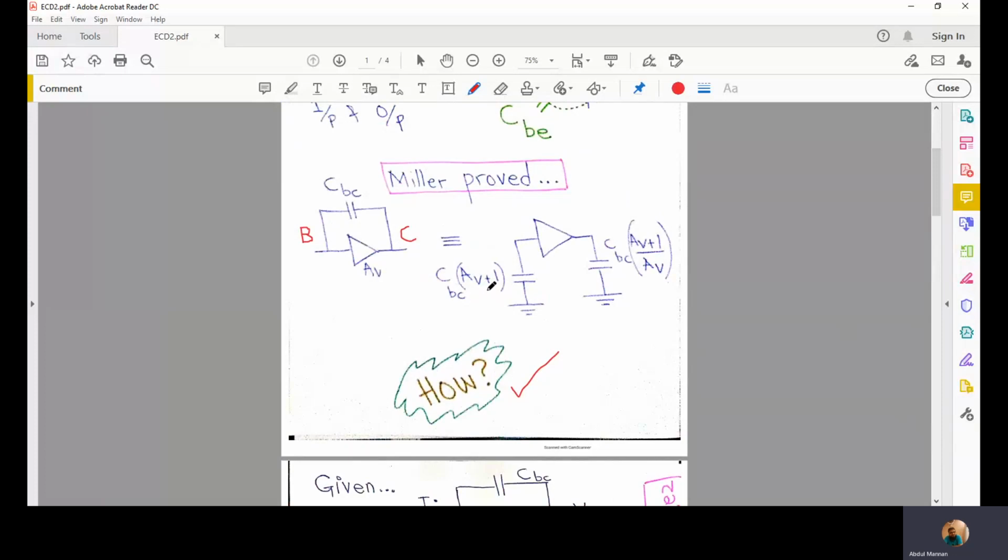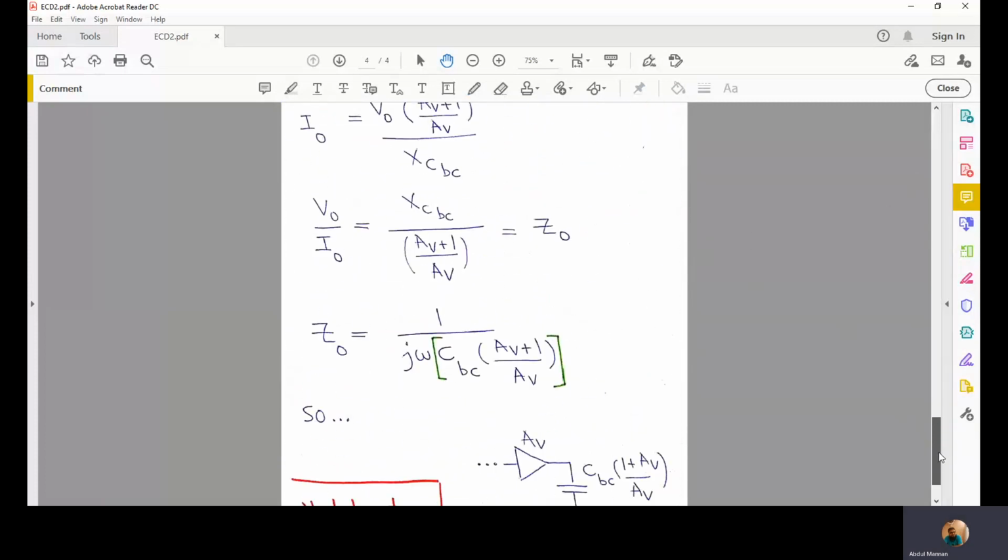It's a huge quantity. So the portion of CBC visible at the input is very large, whereas the portion visible at the output is approximately the same as CBC, because this ratio is approximately equal to 1.